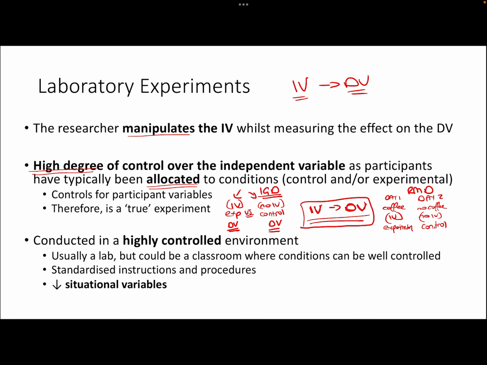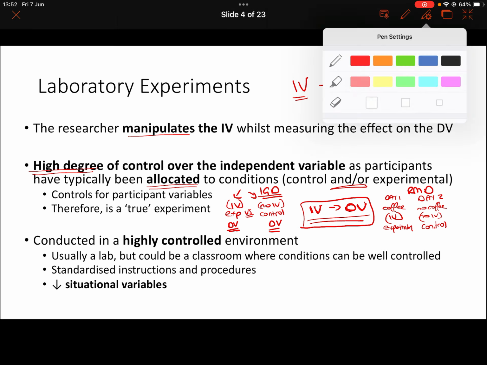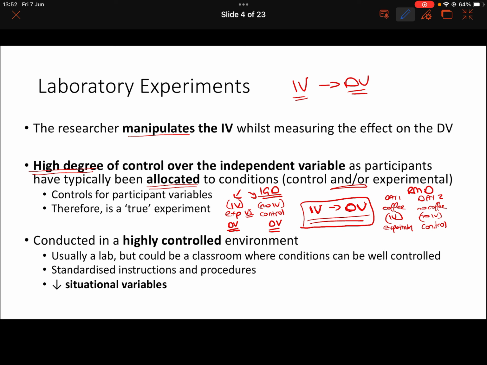And that's why I've put 'and/or' here. The researcher has allocated participants to conditions. They have allocated them to either the control or the experimental, in the case of an independent groups design, or they have allocated them to both the control and the experimental, if it's a repeated measures design.